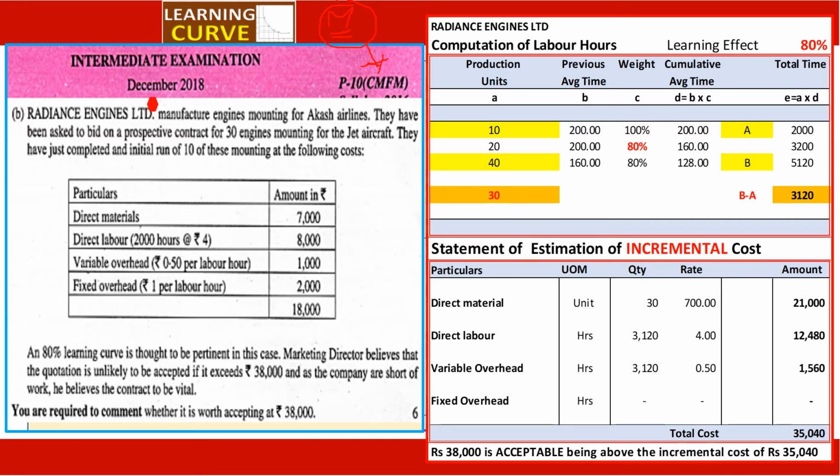Let us take up Radiance Engines Limited, manufacturers of engine mountings for Akash Airlines. They have been asked to bid for a prospective contract of 30 engines for the just aircraft. They have just completed an initial run of 10 of these mountings at the following costs.